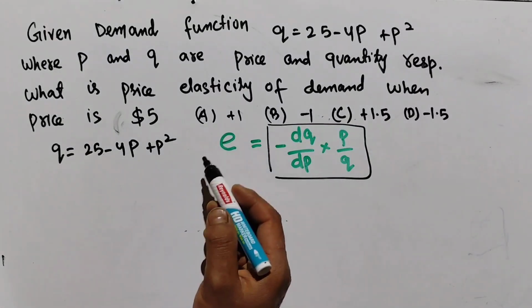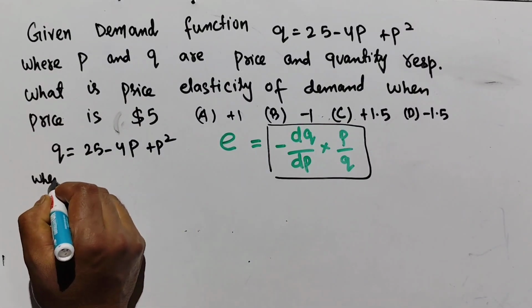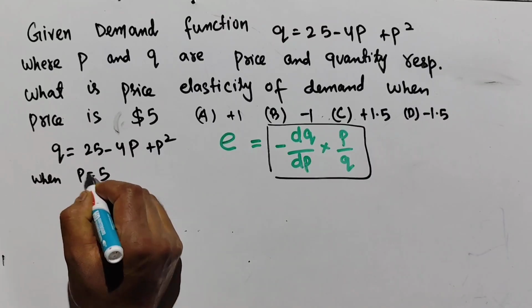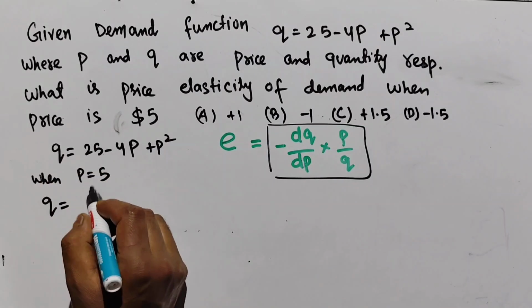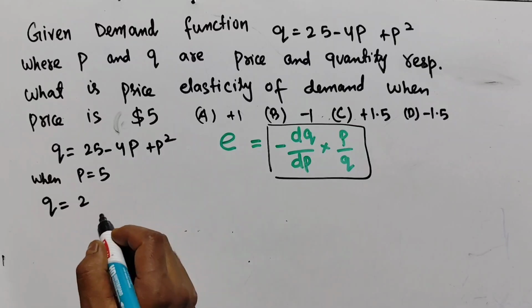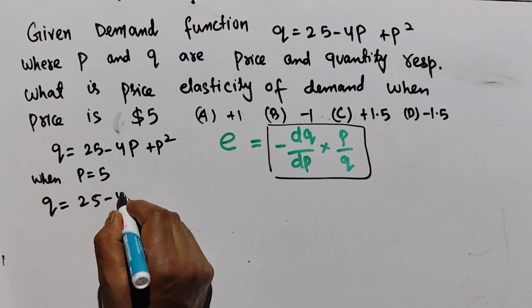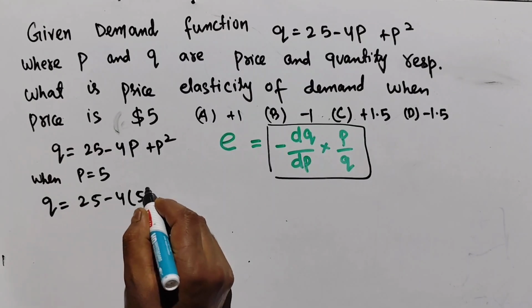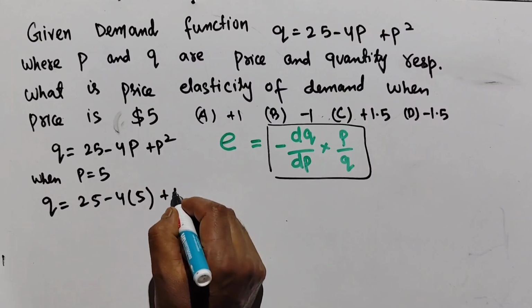So first we need to find out when p is equal to $5, what is the quantity demanded. So we plug the value of p is equal to 5 in this equation. We have 25 minus 4, in place of p we have 5, plus p square means 5 square.